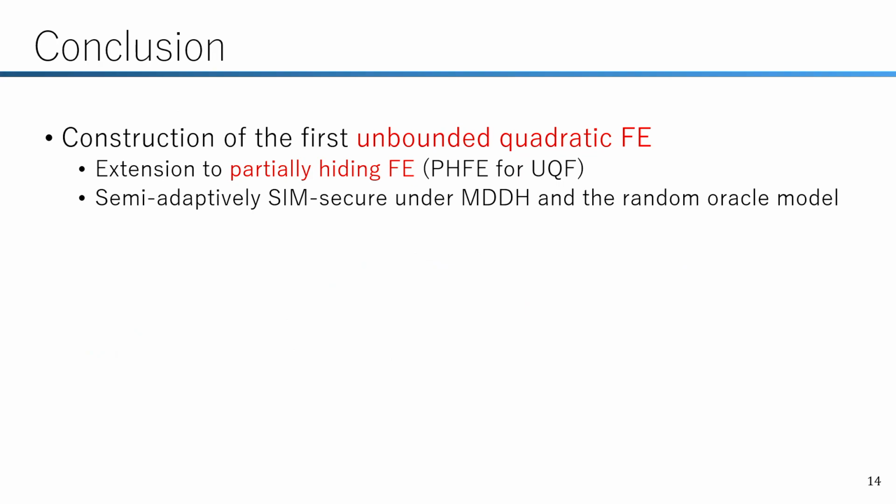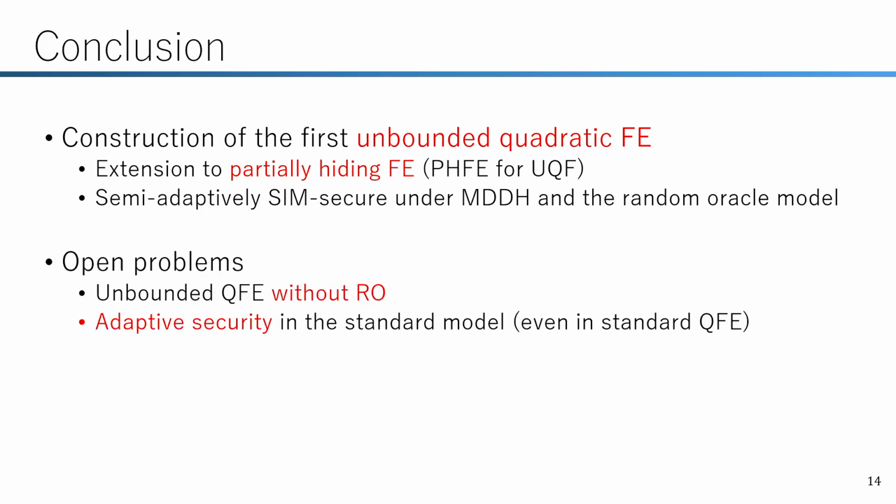So in conclusion, in this work, we constructed the first unbounded quadratic FE scheme, and we also extended it to the partially hiding FE setting. Our scheme is semi-adaptively simulation secure under the MDDH assumption and the random oracle model. I also mention some open problems.